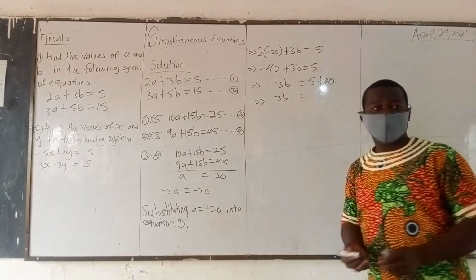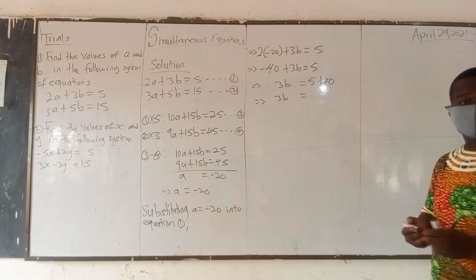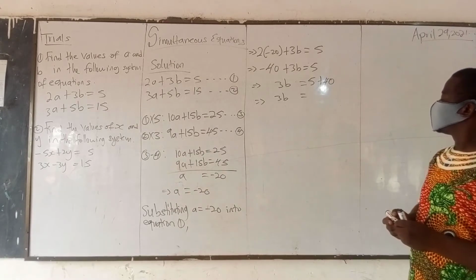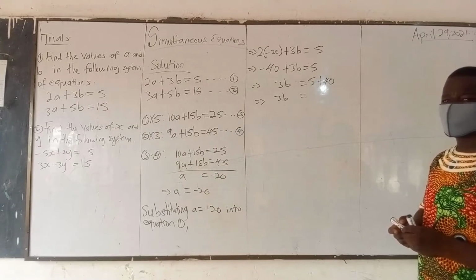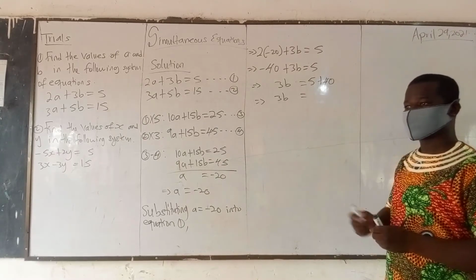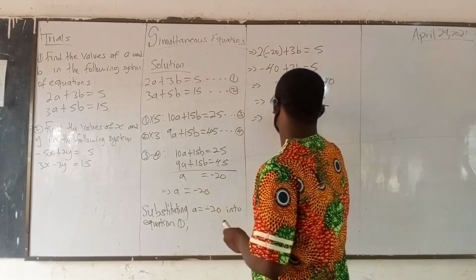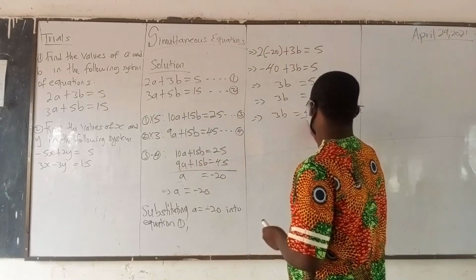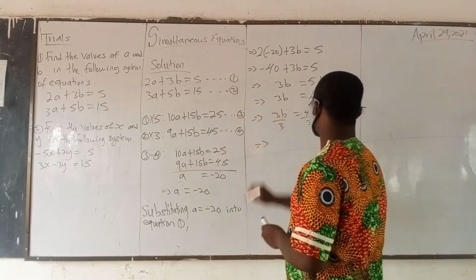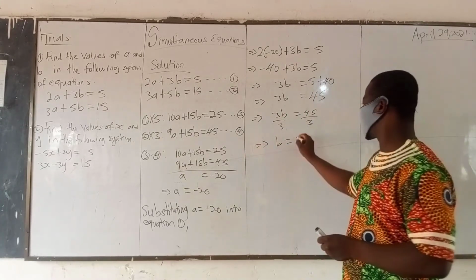So what will 3b be? I said 3b is going to be equal to 45. So now what do you do? Now, that means b gives us 15.